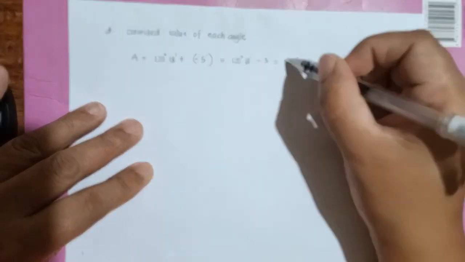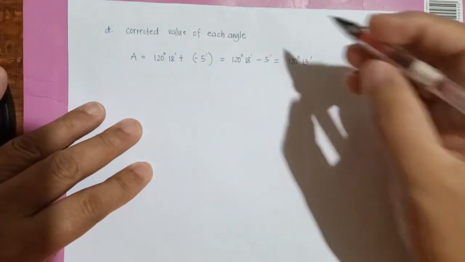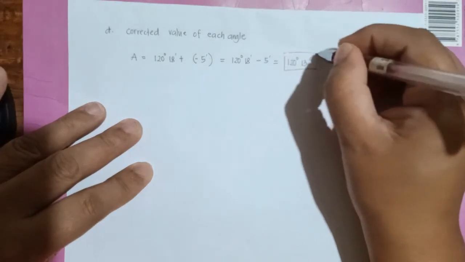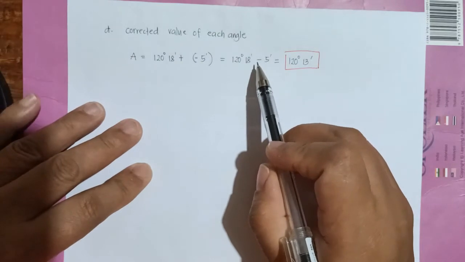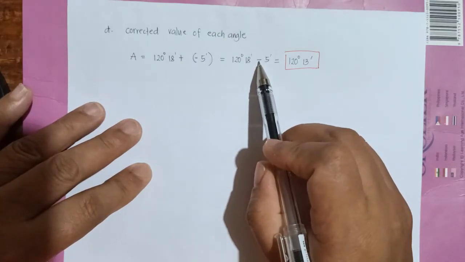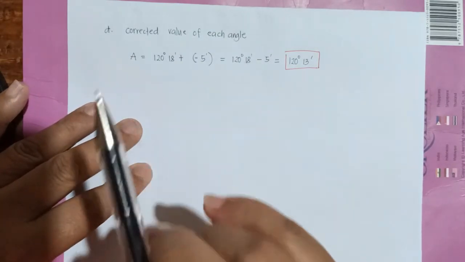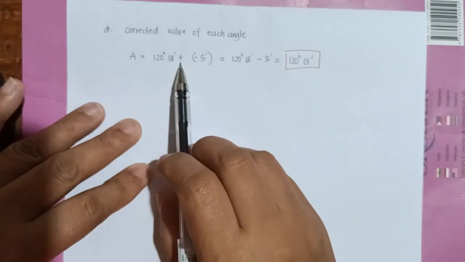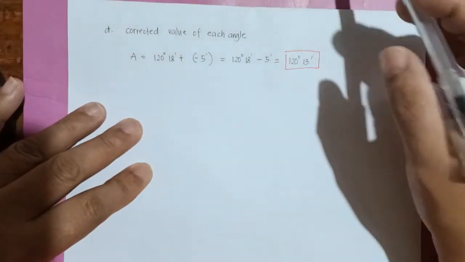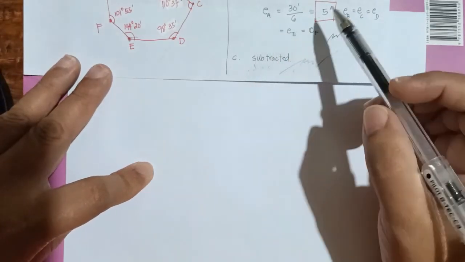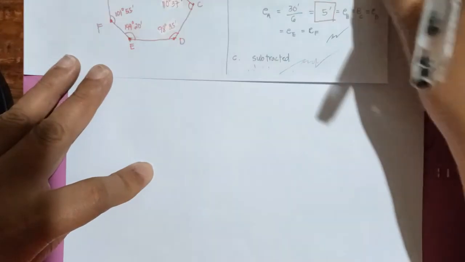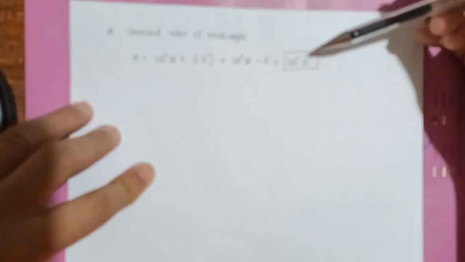This is the corrected value of angle A. I emphasized the negative here because it should be subtracted. So it is always the observed value plus the sign of the correction. Our error is positive, so our correction is negative, because there was an excess and you have to reduce it.